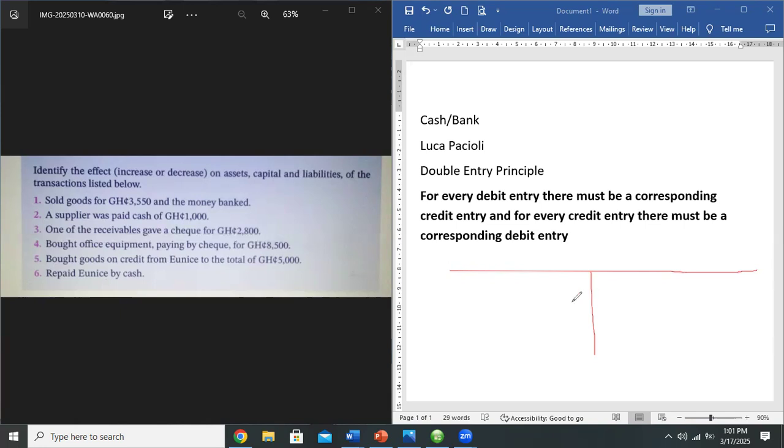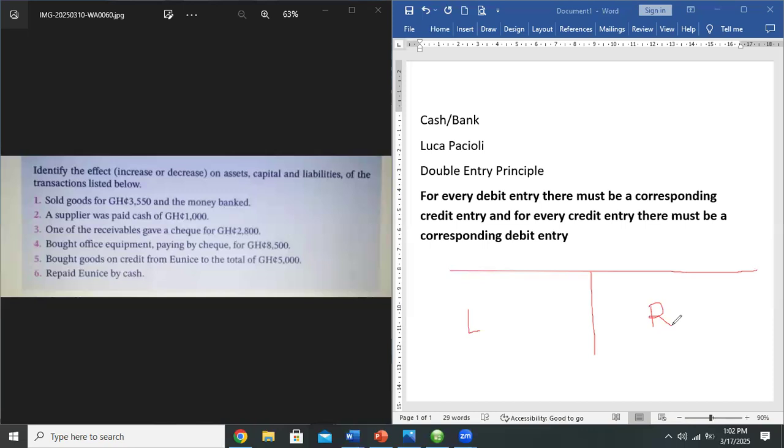Now, if you look at it critically, you see that there is this side, which is the left side, right? And then there is the right side. Okay. So as you are facing it, your left hand is the left side, your right hand side is the right side. Now, he labeled the left side to be the debit side.